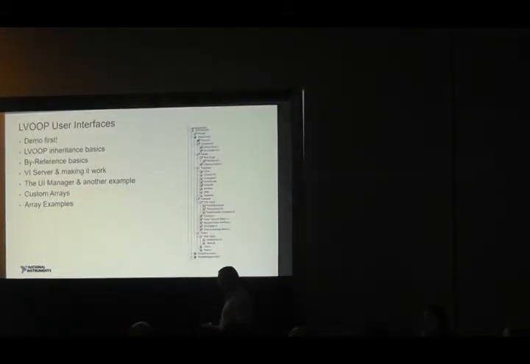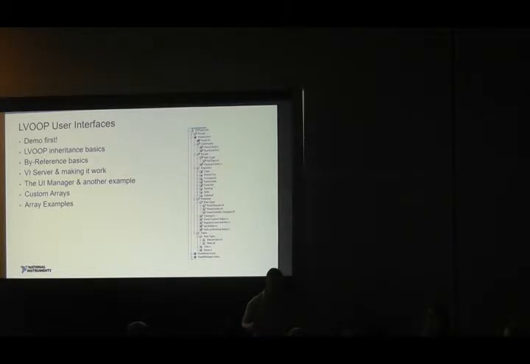What we're going to be talking about, I'm going to start off with a demo, hopefully pique your curiosity, and then we'll talk about how I do it. This does build on how I do by reference classes. If any of you saw the presentation yesterday that I gave, I used VI Server just a little bit to kind of fake dynamic dispatch to get the user interface panels managed.